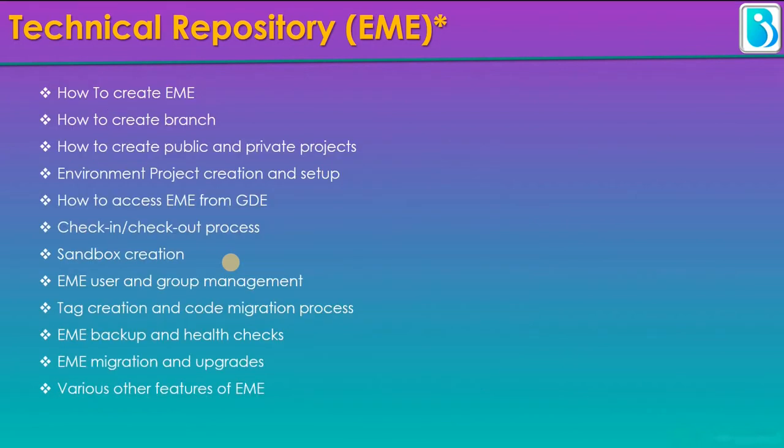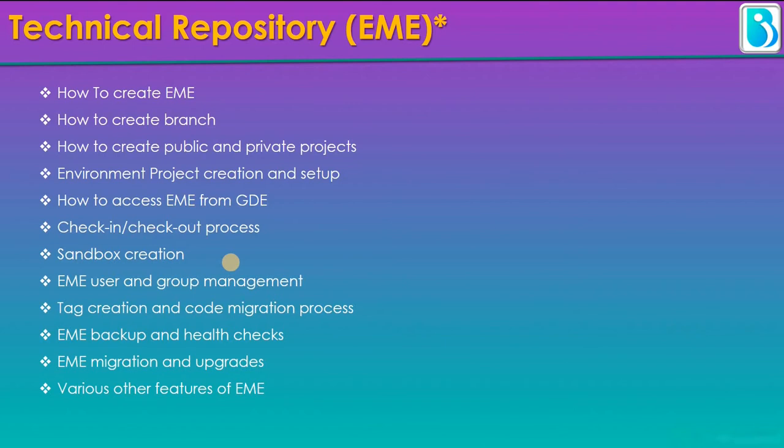Moving on to the next slide. As a technical repository administrator, you will be carrying out the below tasks. As an administrator, you should know how to create an EME and, on top of that, how to create a branch. Branches are part of EME. We can have a number of branches created for individual teams for parallel development and production fixes.